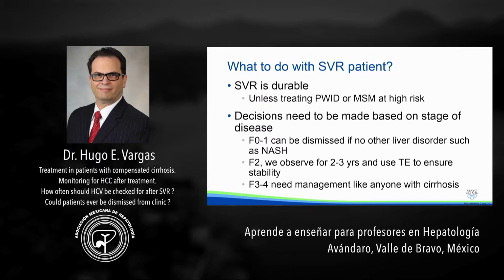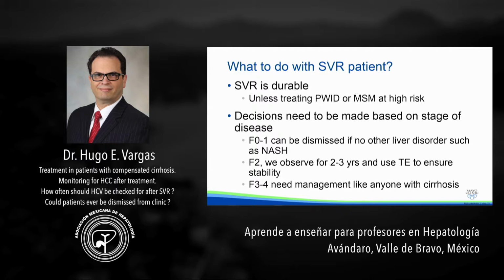And then decisions need to be made according to the stage of your patients. Any patient who doesn't have NASH, who looks well, whose enzymes are normal, and have a fibrosis level of 0 to 1, you can dismiss to the care of a primary care clinician. Sometimes these patients want to be seen once or twice, and I usually entertain checking their virus at 24 months after they're done, but beyond that, I don't think it's necessary unless they have risk factors.